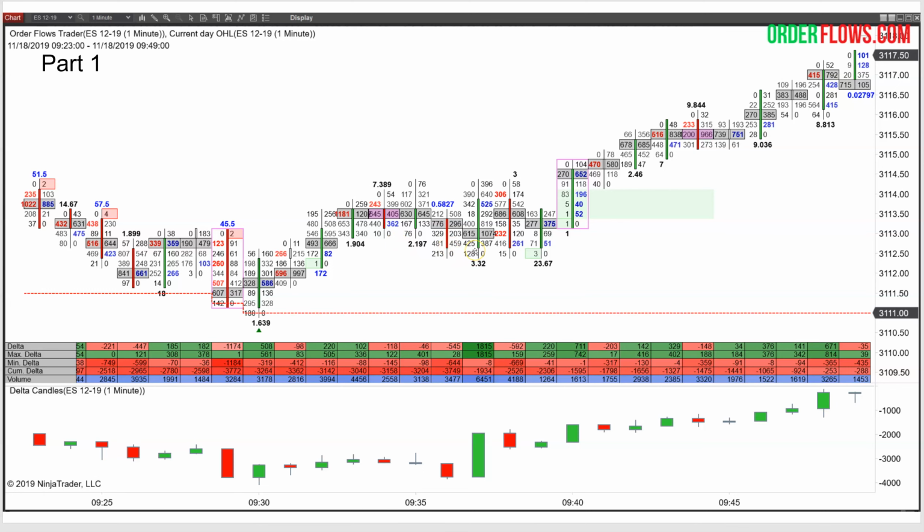Then you got nice, positive, aggressive buying coming in here. Nice strong delta, 1,800. But more importantly, look at the volume, 6,451. So you're seeing the volume pick up dramatically right off this low. So I know in here, I'm seeing other long-term traders potentially coming into the market.